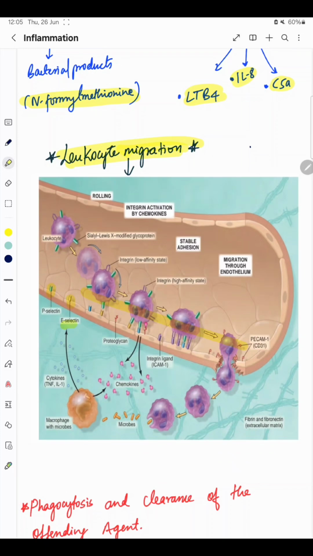They help in the rolling process. After rolling, the leukocyte adheres with the help of integrin to the endothelium. This is the adhesion. After the adhesion, the leukocyte transmigrates across the endothelium, and this process is known as diapedesis.